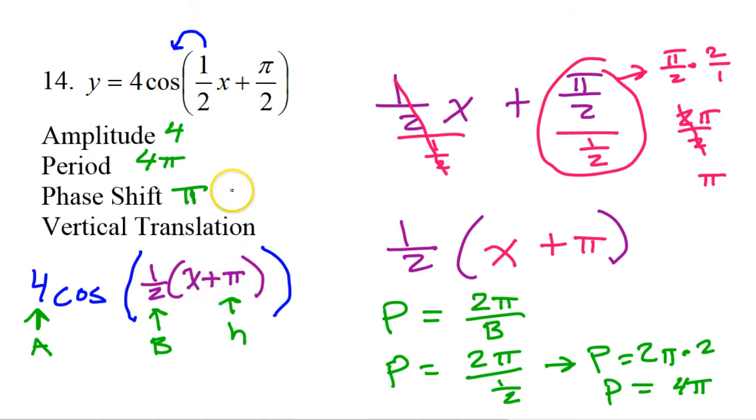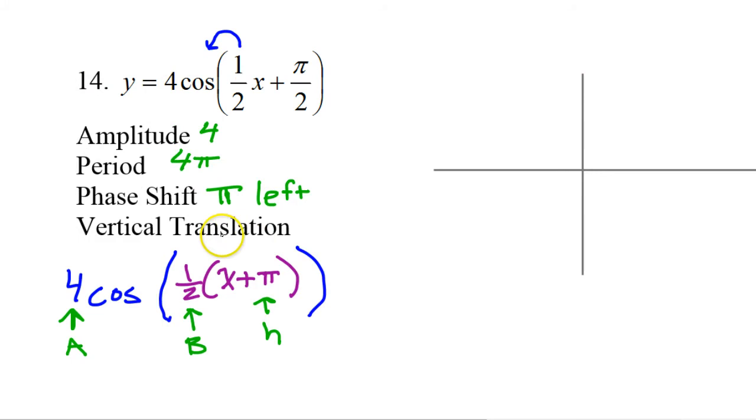Plus pi is actually a shift of pi to the left. Alright, so make sure you include that word, pi left. And this is enough information for us to sketch the graph. One more thing, vertical translation. There is no k value, which belongs here. There's no k value, so I know that there is no vertical translation, so I'll just say none.